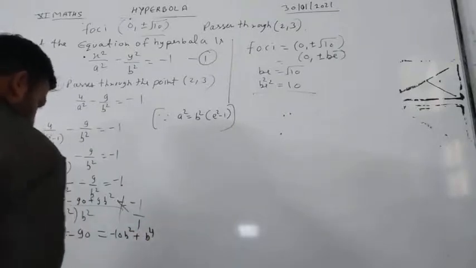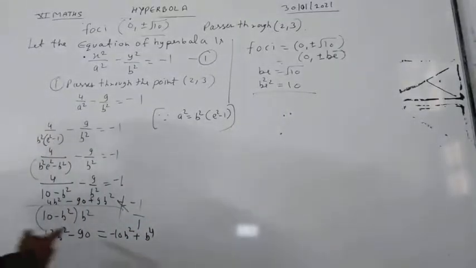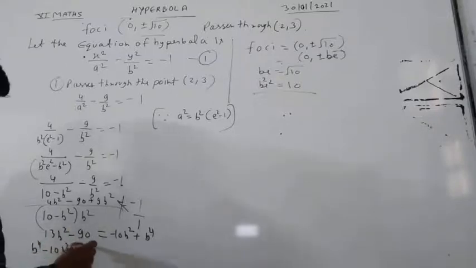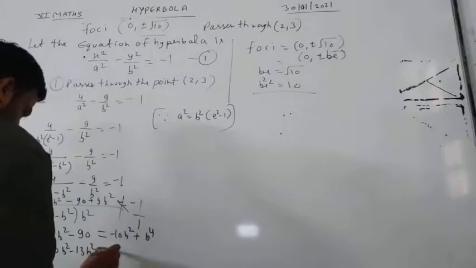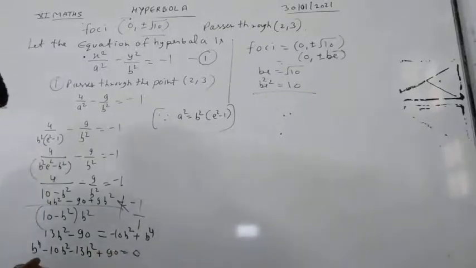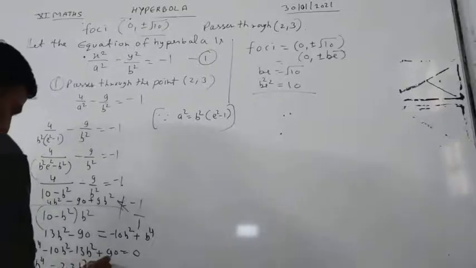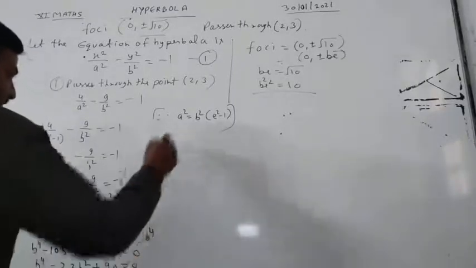Okay, students, when we take the left hand side, b to the power 4 minus 10b square minus 13b square plus 90 is 0. So b to the power 4 minus 23b square plus 90 is equal to 0.